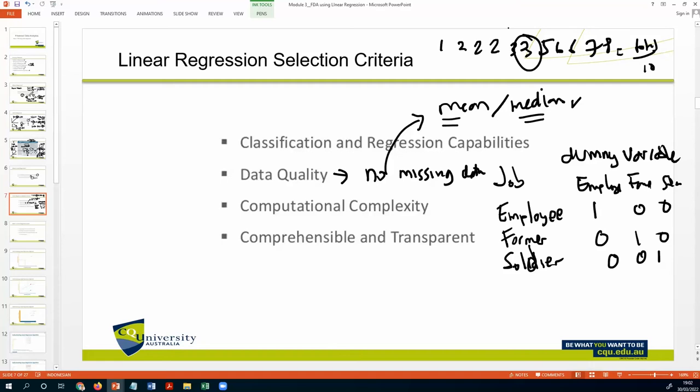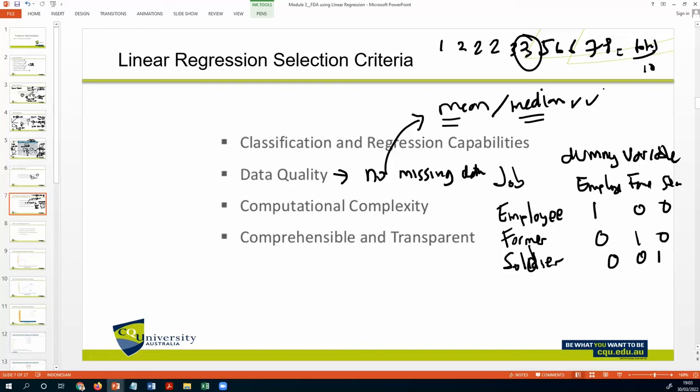The median is in the middle, so I usually use median to impute the missing data. Let's say the salary is empty. If you use mean, it can be very high or very low, depending on the data. But the median is in the middle.